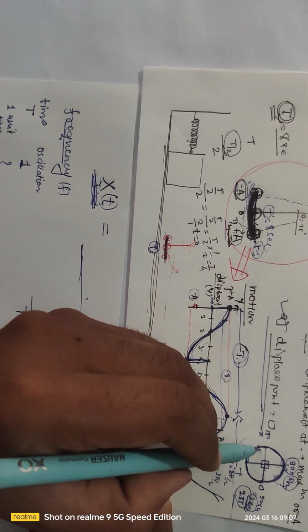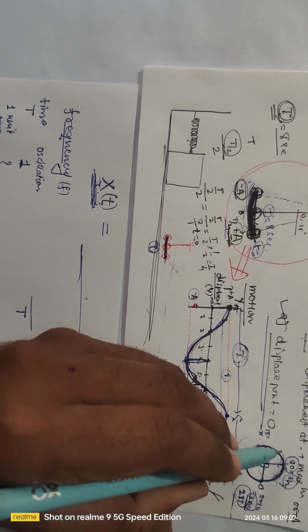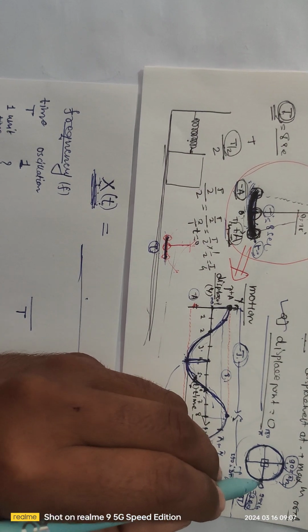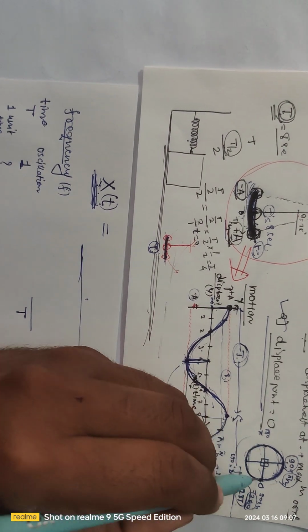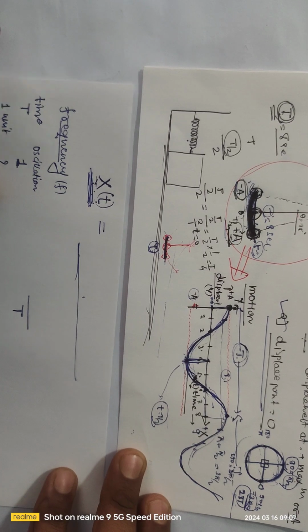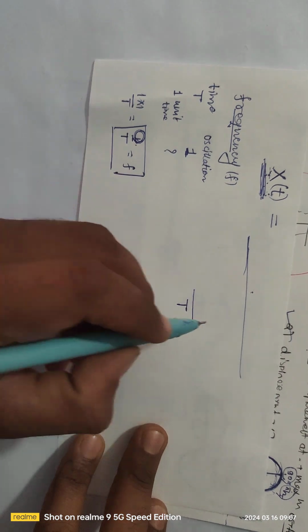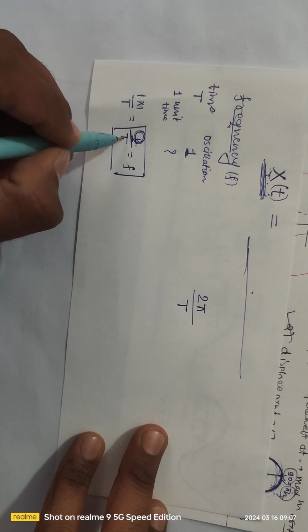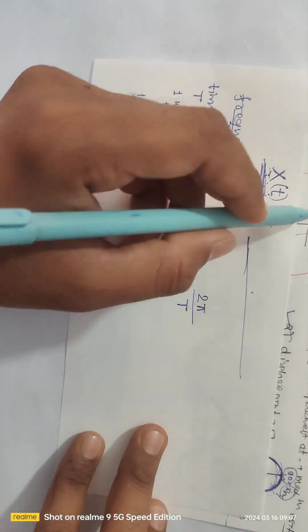But the full circle here means 0 to pi by 2, pi, 3 pi by 2, and 2 pi. So in one period of time it will cover the distance 2 pi. Instead of 1 here we have to take 2 pi, and the time period for oscillation is the same. In a pendulum, 8 seconds.